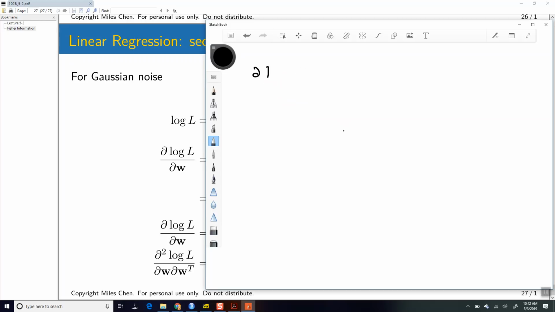All right, so we have the second derivative of the log likelihood function. Okay, and there's a few things to note here.